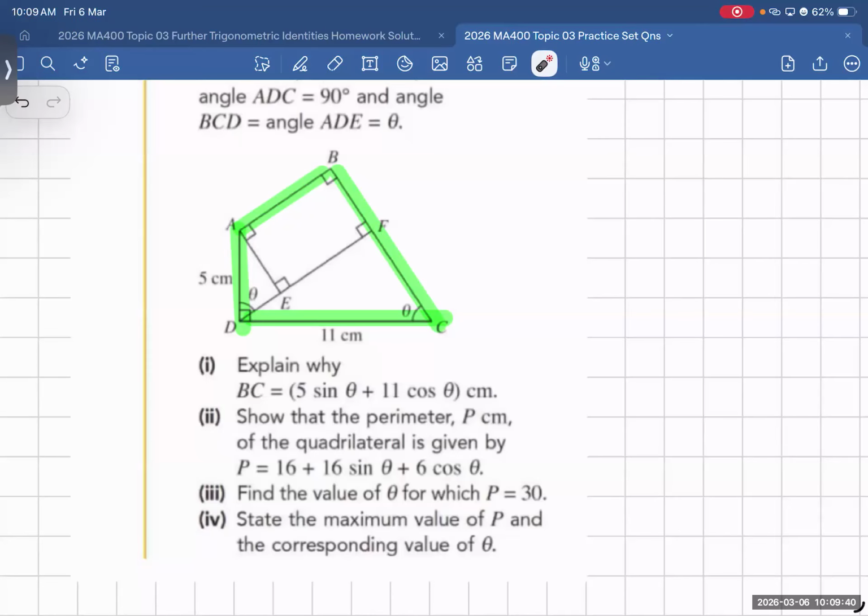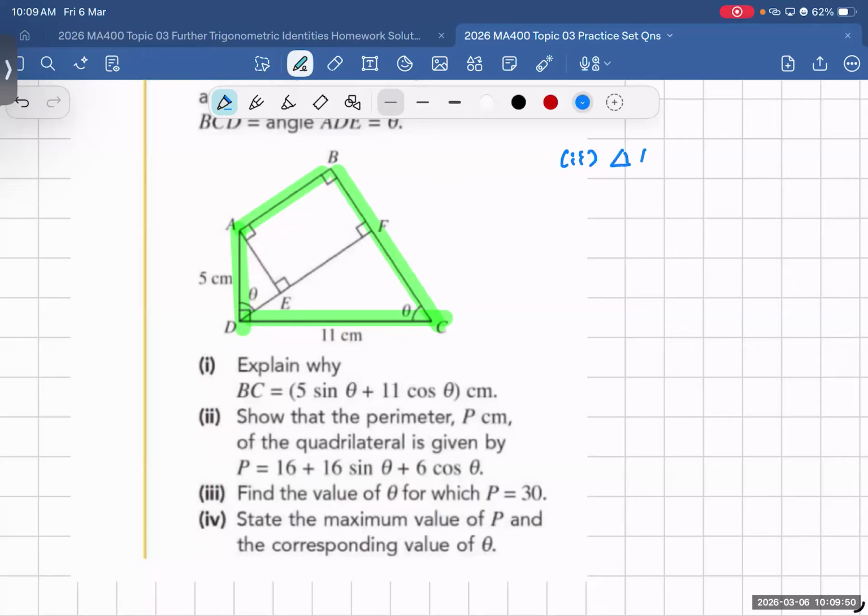First of all, I look at this triangle, triangle ADE. Can I say that DE is 5 cosine theta? Can I say that AE will be 5 sine theta?